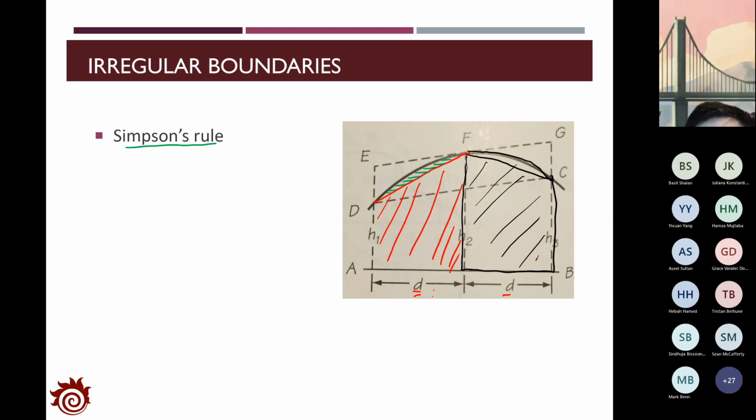For example, for interval 1 and interval 2, we have the offsets or heights of each point at D, F, and C. And for the area covered by this irregular curve, the area based on Simpson's rule is estimated as d divided by 3 times (H1 plus 4 times H2 plus H3).